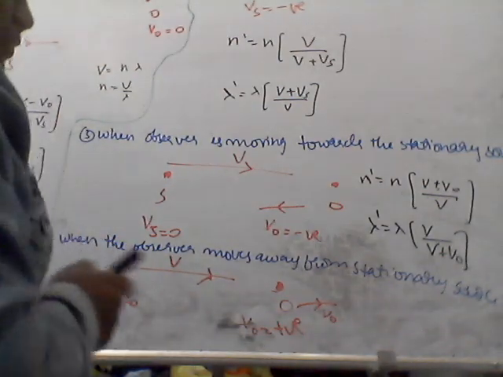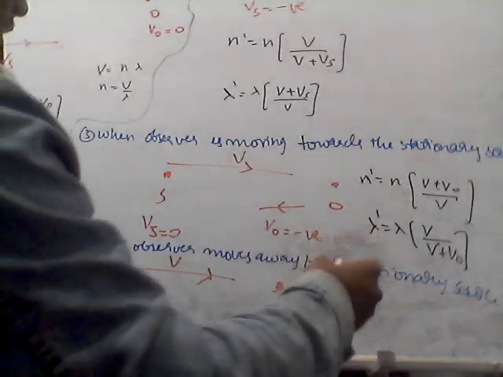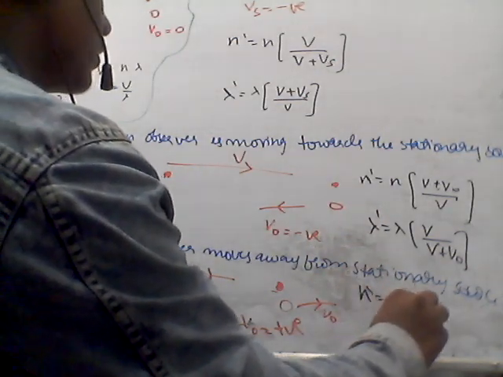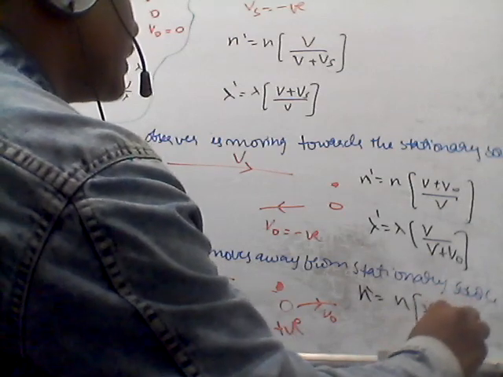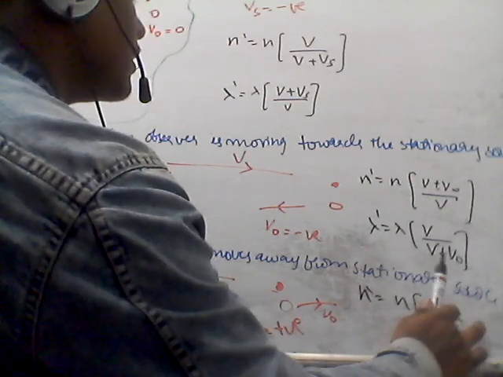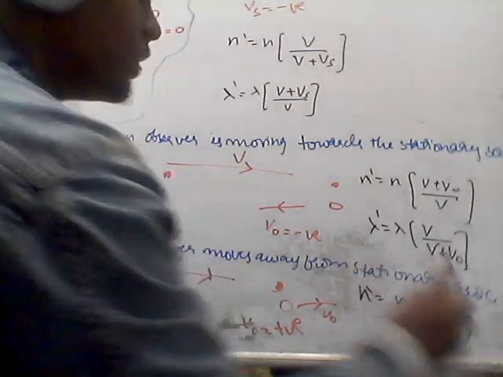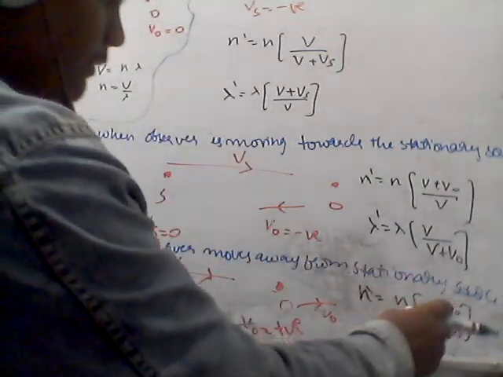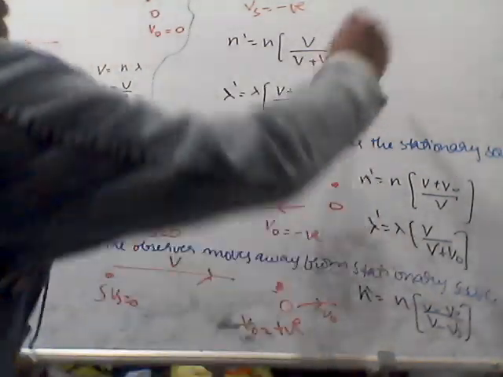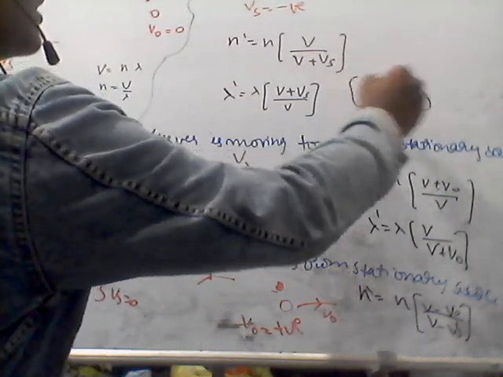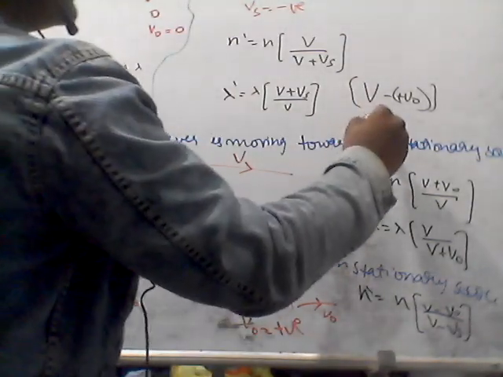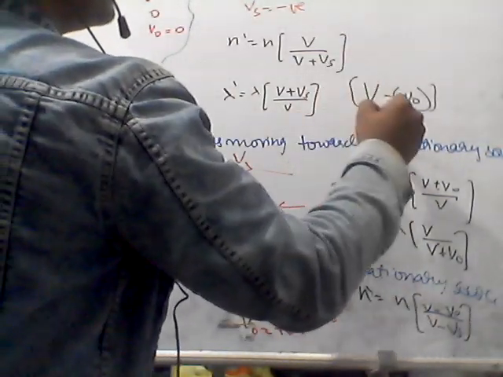Now, coming to what will be the forms here? N dash is equals to N into V minus V naught by V minus Vs. Correct? Come here. VO is positive. Means can I write this like this? V minus of plus VO, correct? Which will in turn be V minus VO.